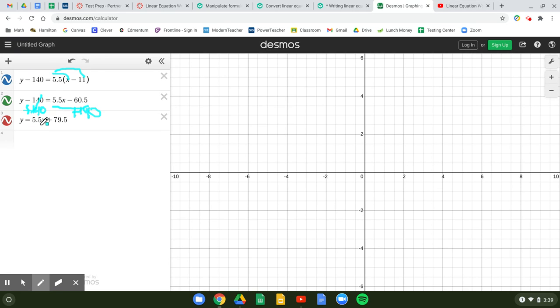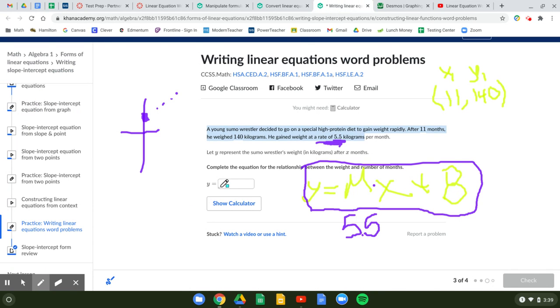The thing with the slope just stayed the same all the way through the problem. I'm only trying to find that beginning amount, that beginning point. So 79.5 is what I was really looking for here. Y equals 5.5x, all the scribbles look like a kindergartner did this, plus 79.5. Okay. Woohoo! All right.